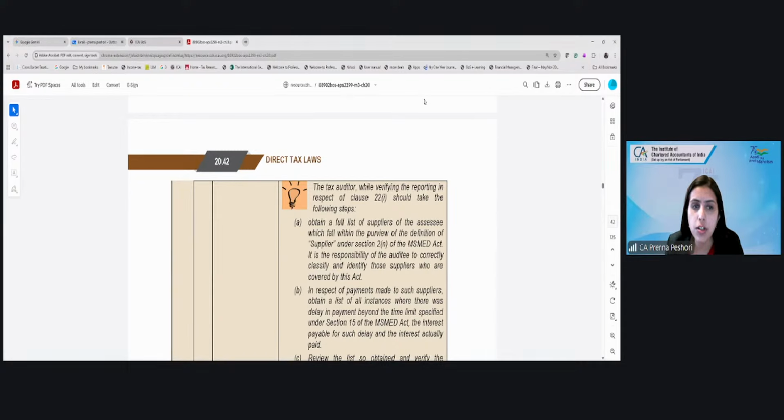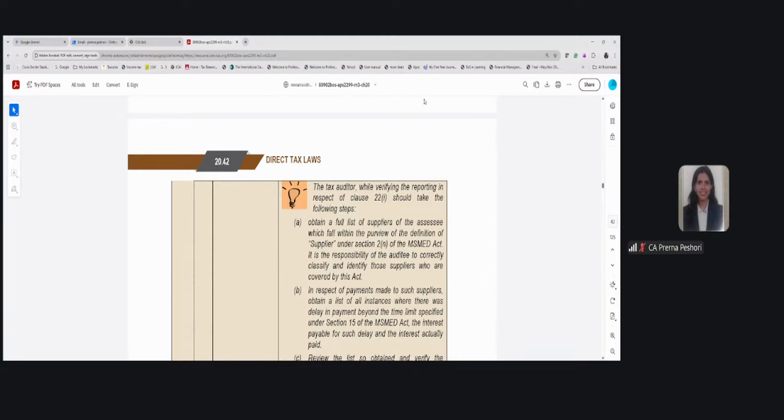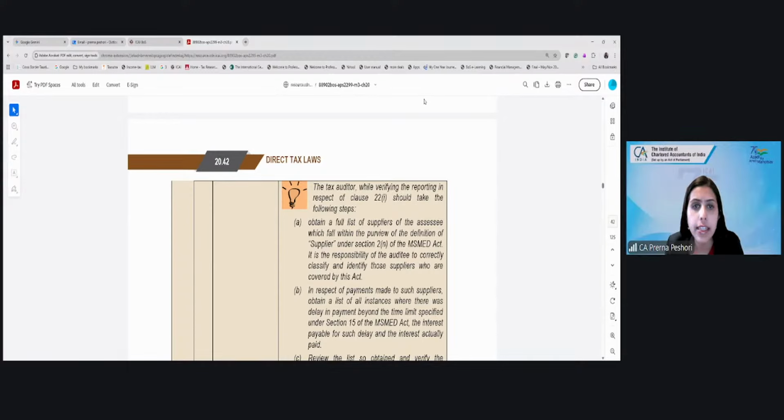For presumptive, what is the rule? Yes. 44 AD exceeds 2 crore? No. For 44 AD, what is the rule for tax audit?